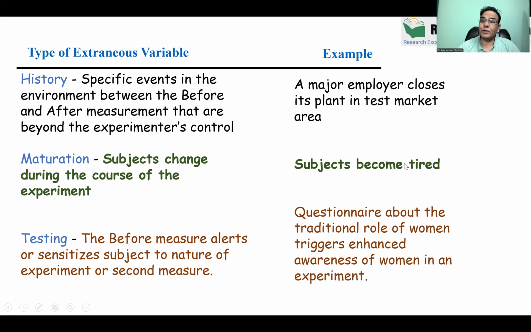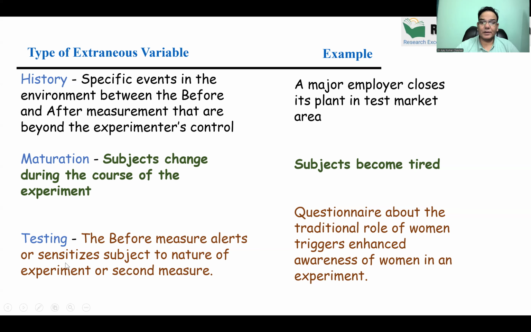Sometimes the machine which you are using also has some wear and tear, the machine also wears out a little. So wear and tear in the machine. These kinds of problems may come. Maturation: the human being matures, the machine, because of wear and tear, the measurement may change. So this may create problems in the experiment. Testing.